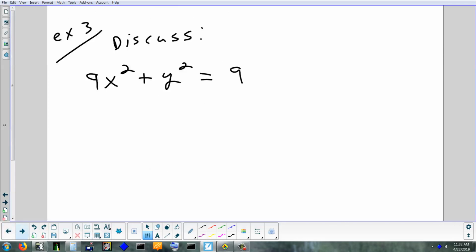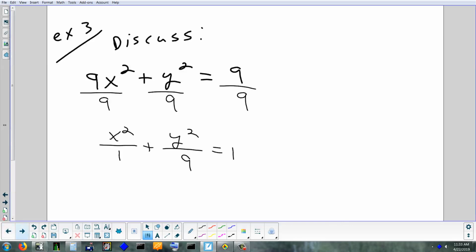Divide everything. Yep. Divide everything by 9. 9, 9. Now it equals 1. And we really want everything to have a fraction. So what would be in the bottom of x squared now? 1. Yeah, we want to just leave that 1 there. Now we're good.